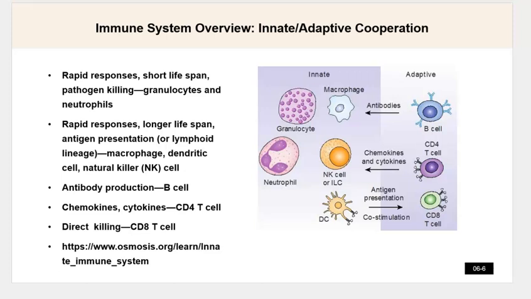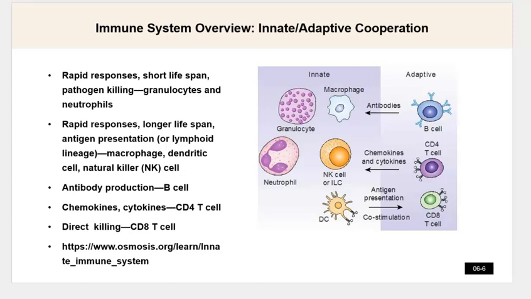A given B or T cell only recognizes one type of antigen, so each B and T cell has a single specificity. We're very different now in the adaptive immune system than in the innate. When activated, the B cells synthesize and secrete highly specific Y-shaped molecules called antibodies that can inactivate, neutralize, and label pathogens and toxins.